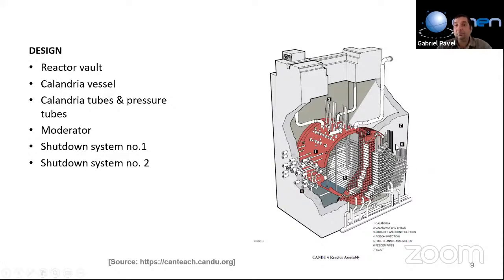When it comes to power, the 600 megawatts electrical are translated into about 2,000 thermal megawatts. So the thermal output of the reactor is about 2,000 megawatts.